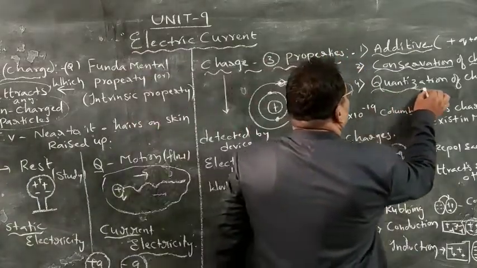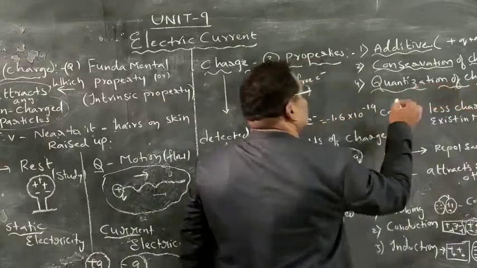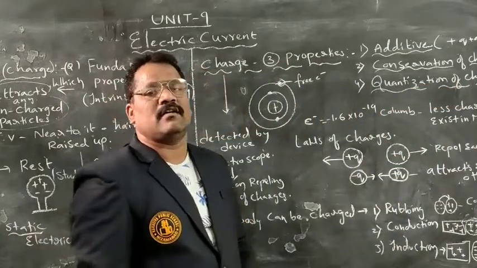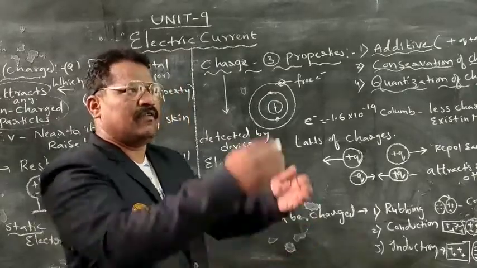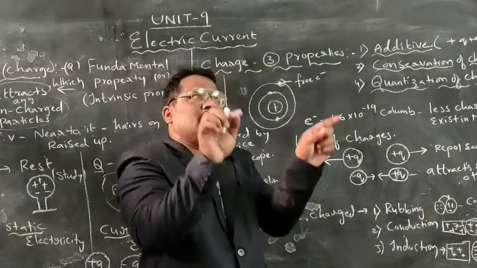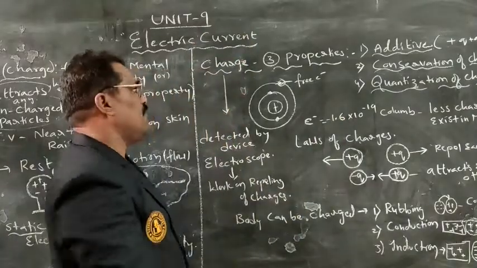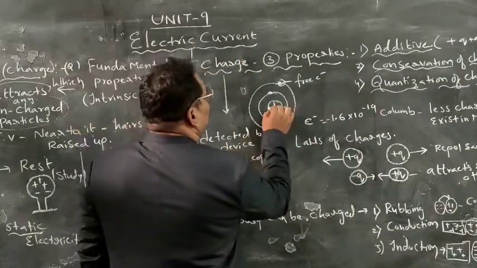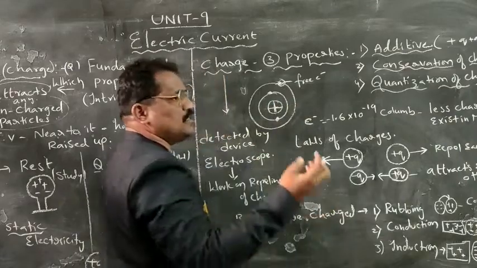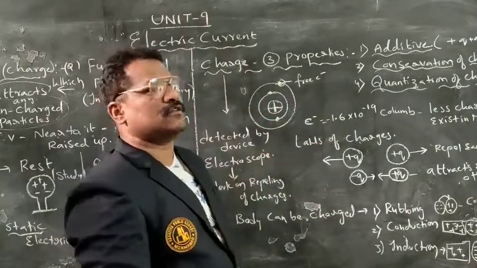Next one is what? The charge is also called nothing but quantization of the charge. It will be quantized in the form of shells. An atom is made up of three fundamental particles: proton, neutron as well as electron.